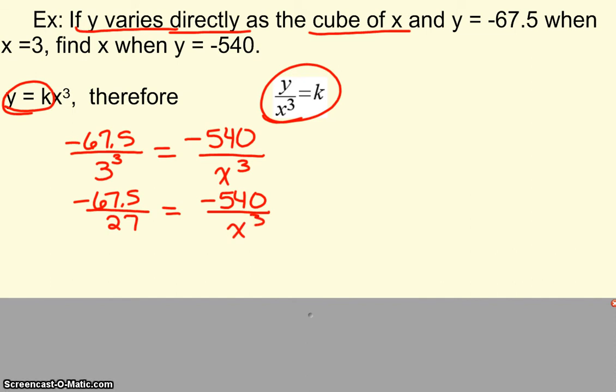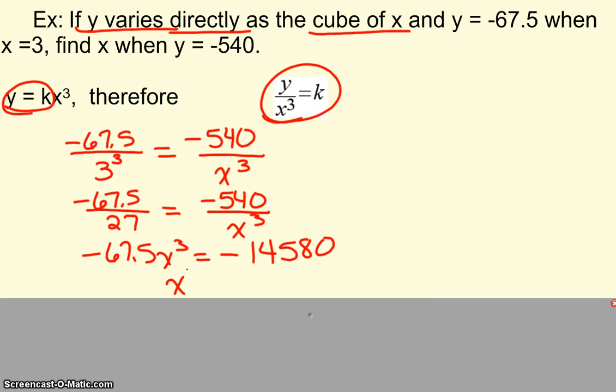We're going to do our cross products, and that's going to give us negative 67.5 x cubed equals negative 27 times a negative 540. That would be a negative 14,580. Dividing both sides by negative 67.5 gives us 216.